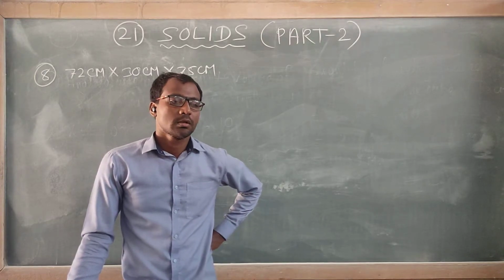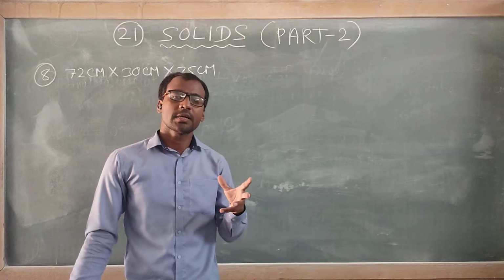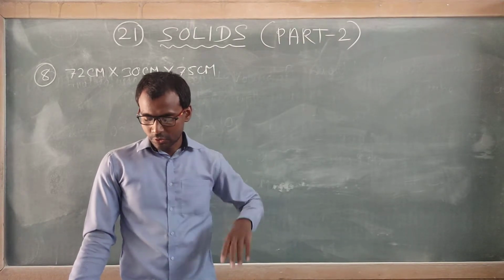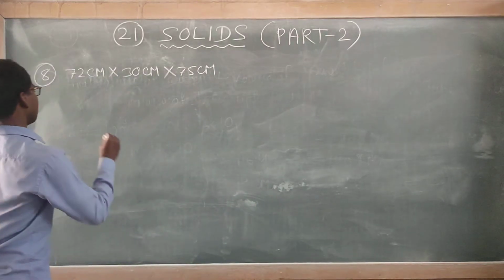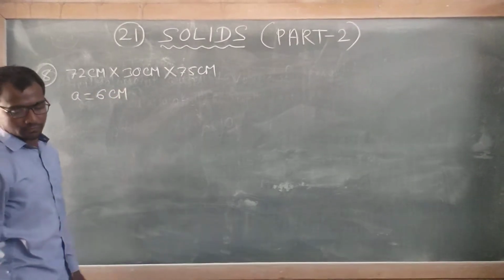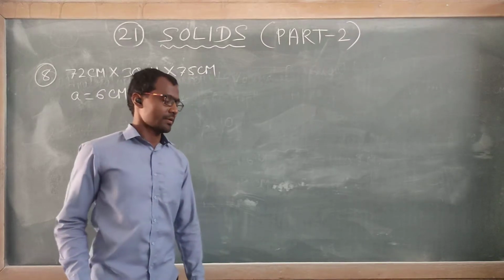It is melted and formed into many small, identical, same size metallic cubes with edge 6 m. Means edge of each cube formed is 6 m. Find the number of cubes formed.